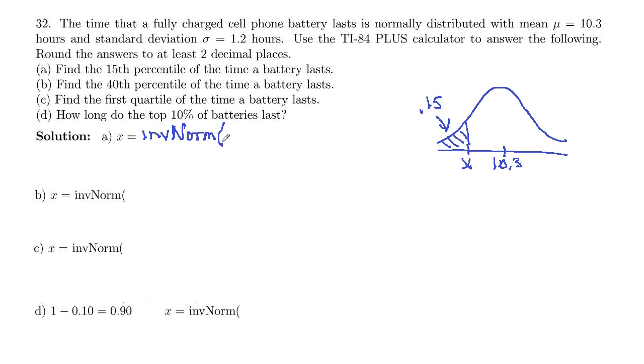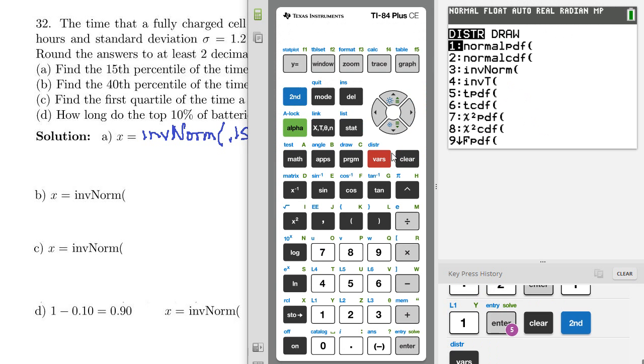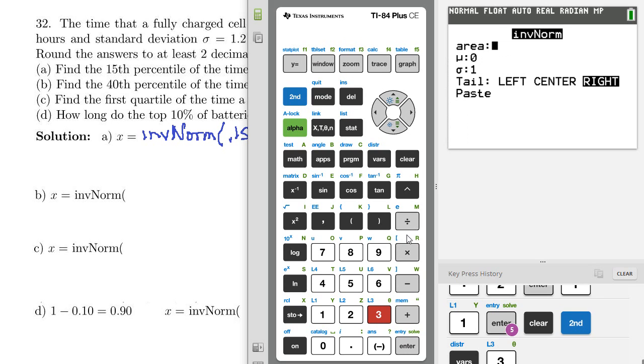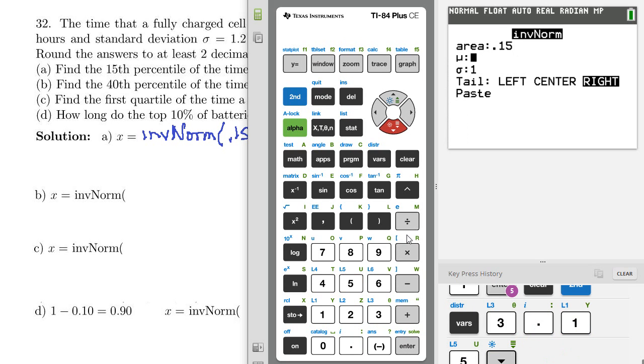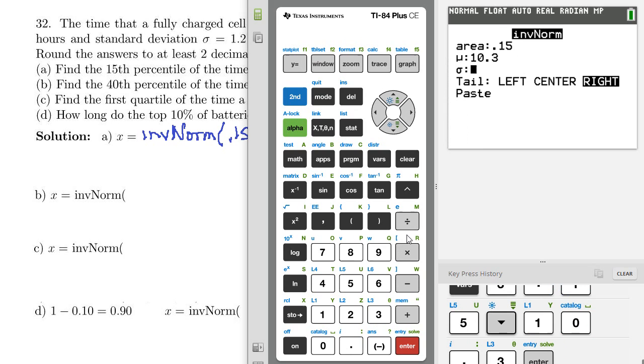And we put in our left area of 0.15. And then our mean of 10.3, and our standard deviation of 1.2. So in the calculator, second variables, inverse norm is 3, our left area 0.15, mean 10.3, standard deviation 1.2.